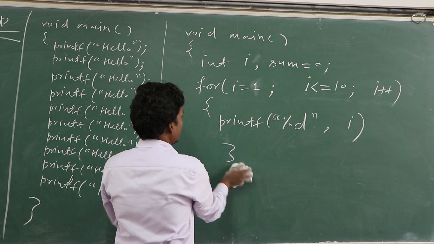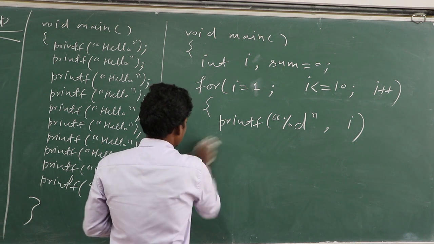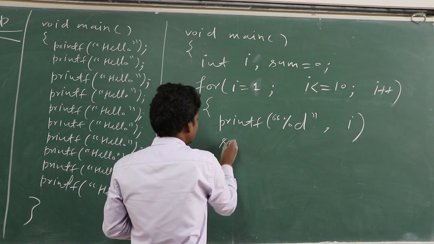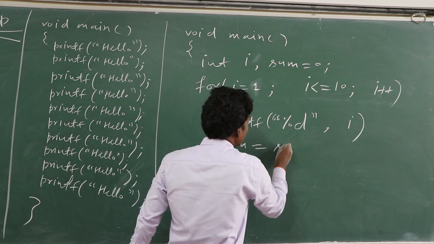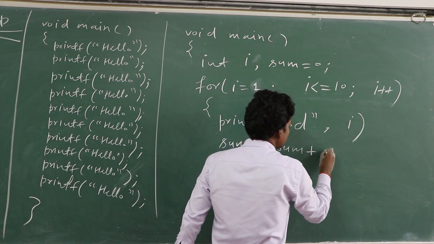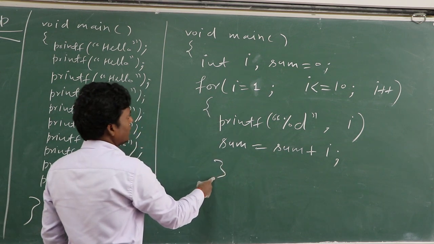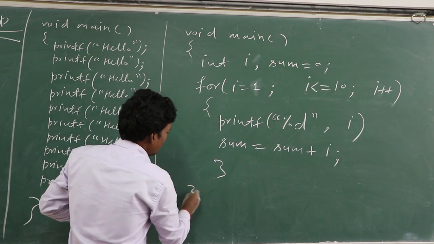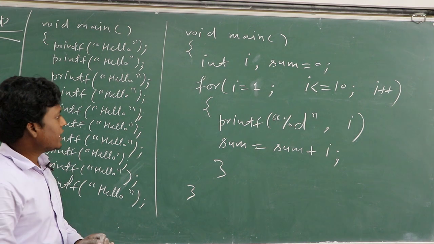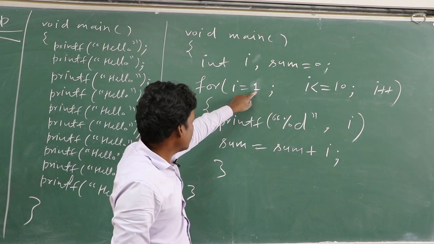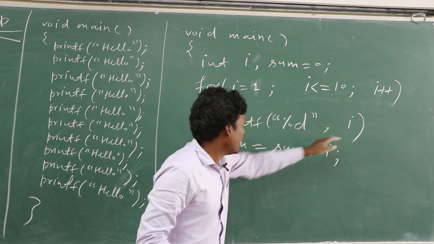So here we put another statement, sum equal to sum plus I. The for loop is closed here, and main is closed here. Class, here the 10 natural numbers are printed, and the sum.